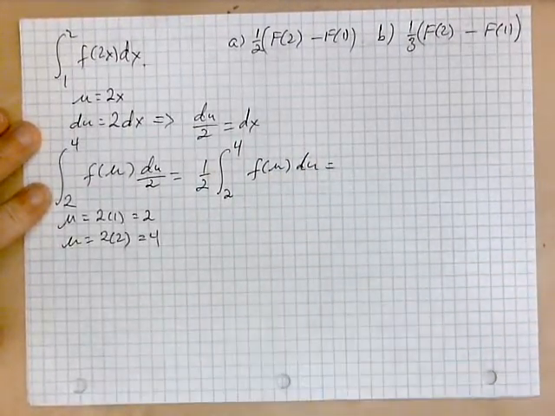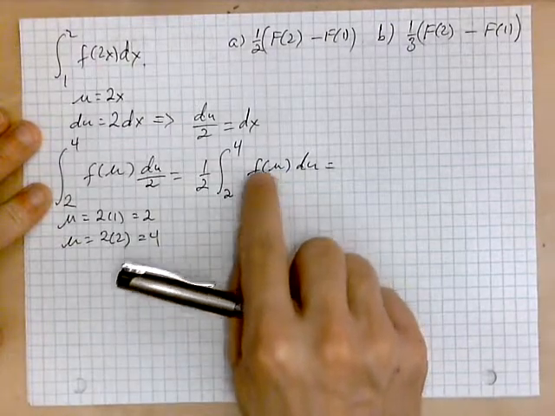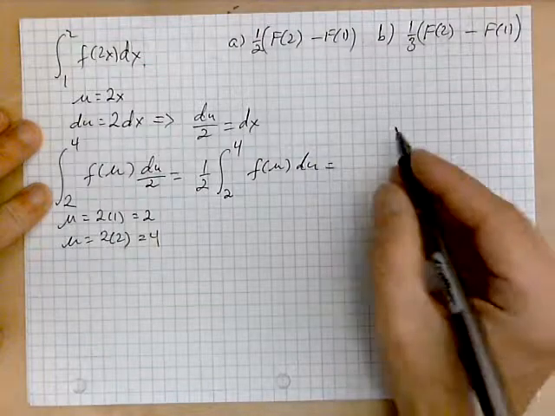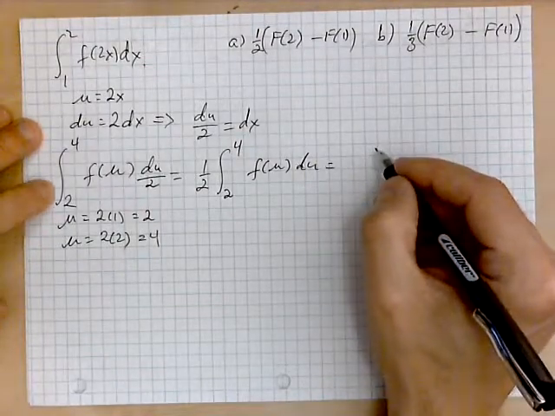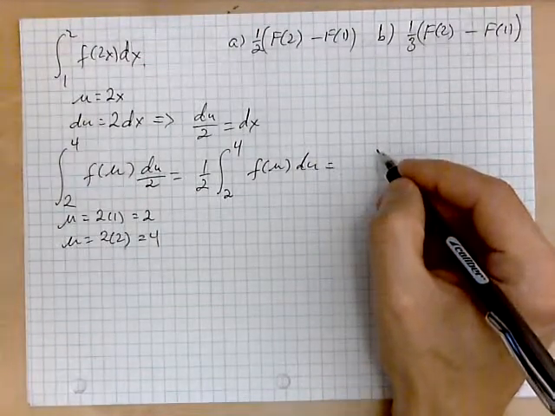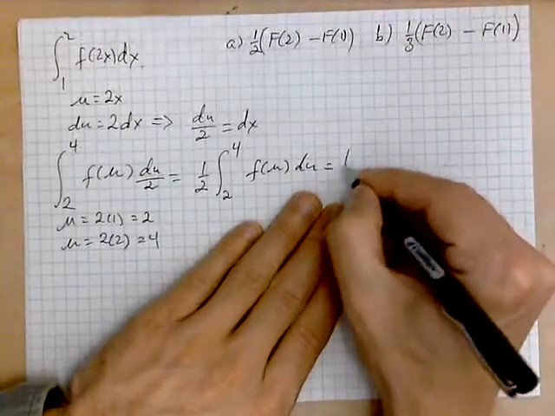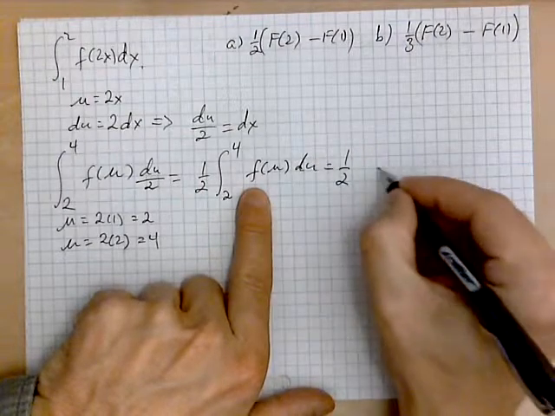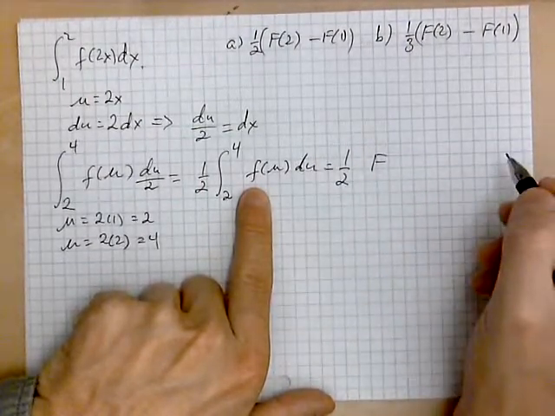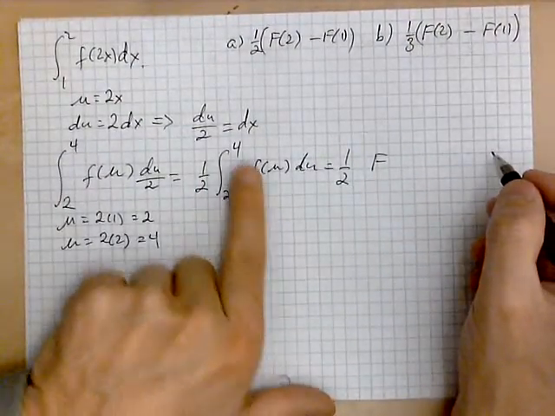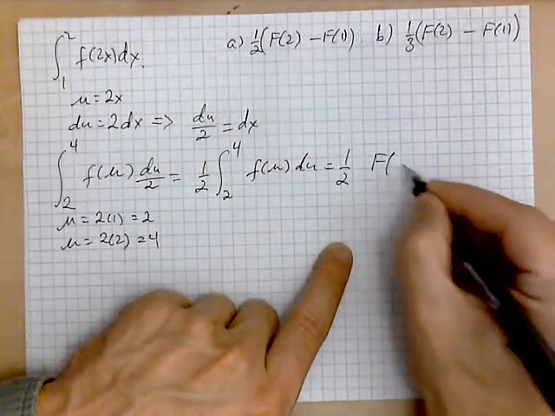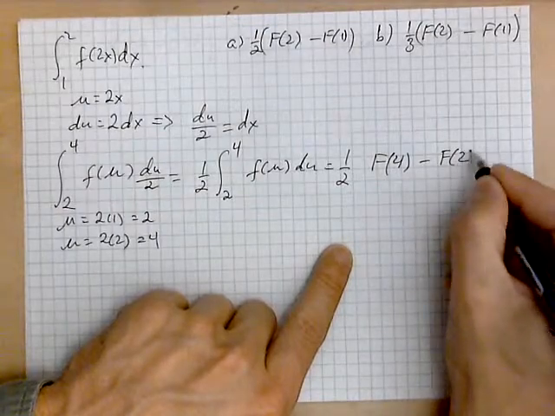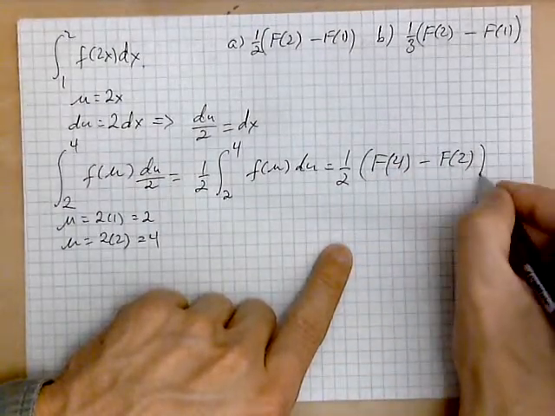Now we can work this. Little f has an antiderivative of big F. So we apply the following. Keep the 1/2 out. Anti-differentiate little f, getting big F. And then evaluate that between the limits of 4 and 2, so we'll give big F of 4 minus big F of 2, and place this within parentheses.